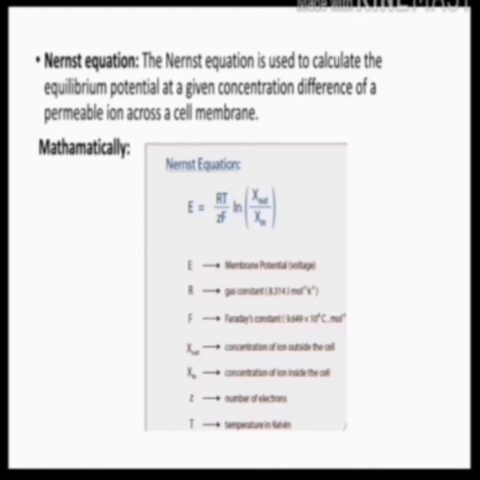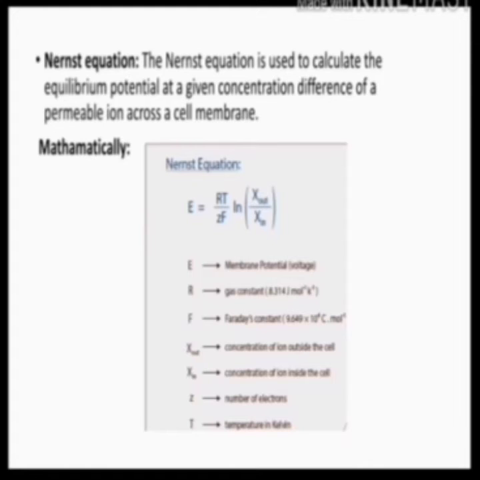This ratio is put in a log function and multiplied by certain things like temperature multiplied by the general gas constant, and divided by the charge of the ion, like for sodium and potassium the charge is 1, for calcium, because it is a divalent ion, the charge is 2, and multiplied by the Faraday constant.